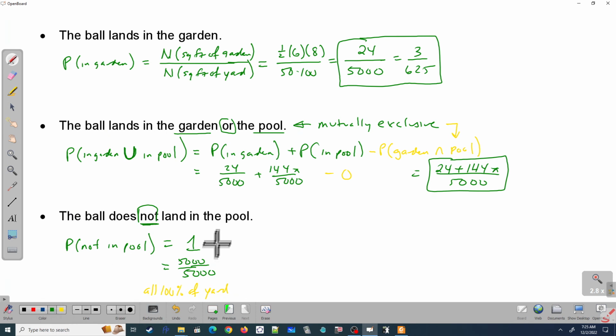And then I'm simply going to subtract all of the part landing in the pool, which in this case was 144 pi. So let me put it this way: probability of in pool, which means I will subtract 144 pi over 5,000 and simply say it's 5,000 minus 144 pi over 5,000.